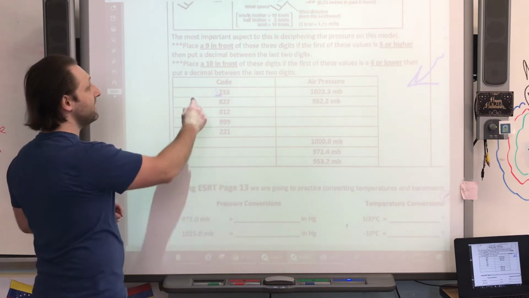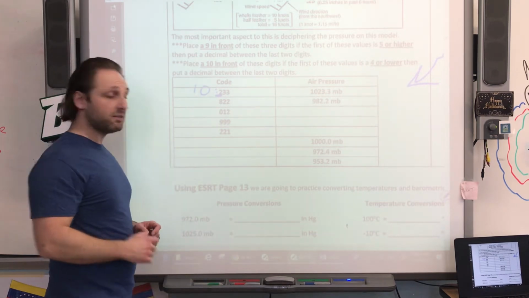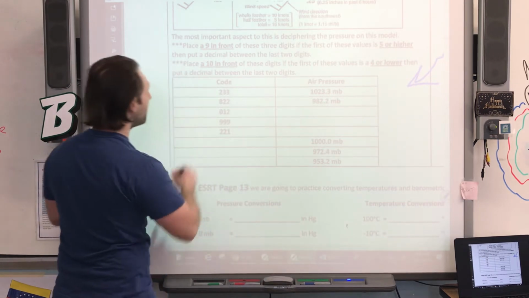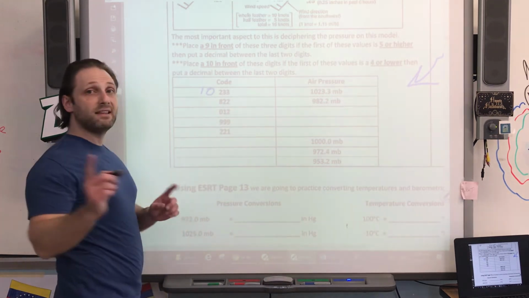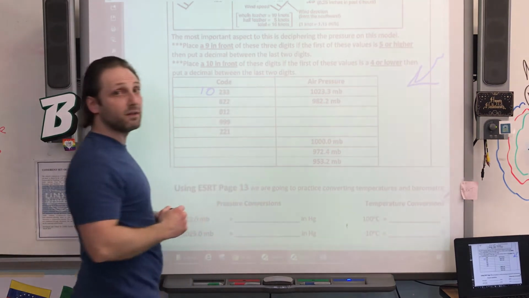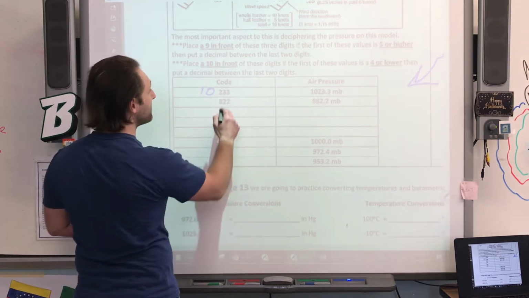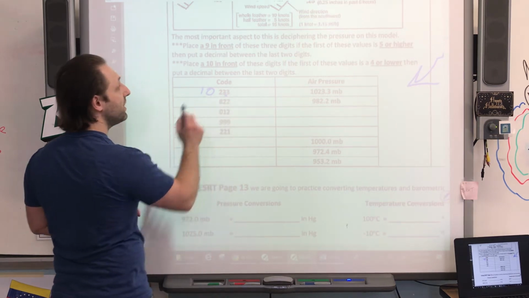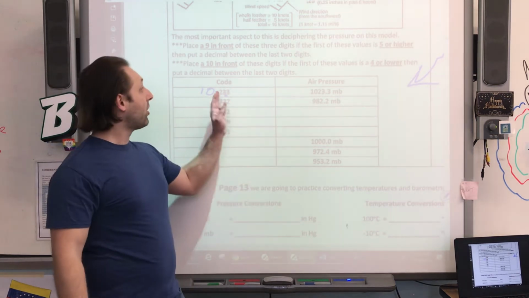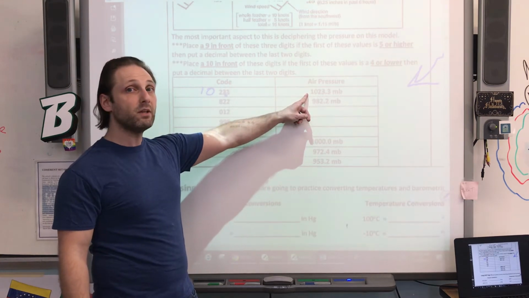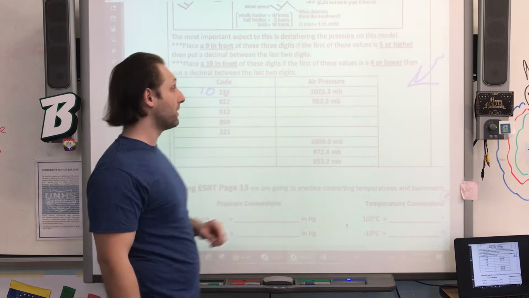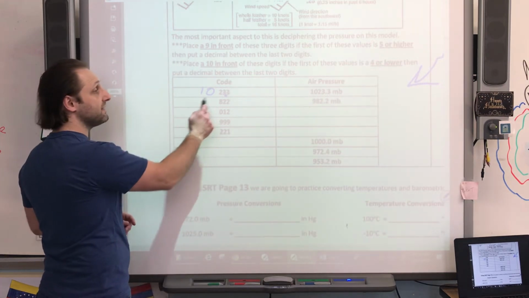So we place a 10 in front. Then the last step of the instructions: we place a decimal in between the last 2 digits. When we do that, our code converts to a real air pressure of 1023.3 millibars.